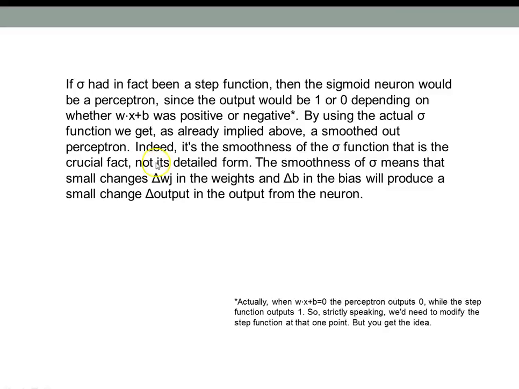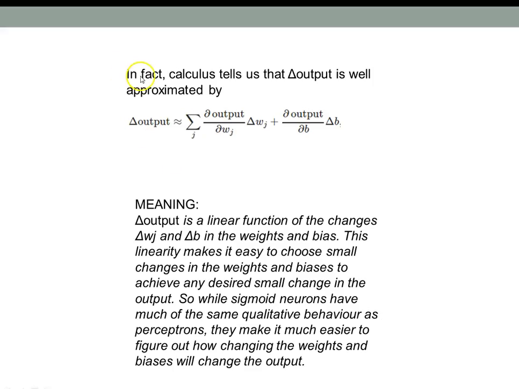Okay, good. In fact, calculus tells us that the output is well approximated by this. Now we won't worry about this. But the meaning of this is that the output is a linear function of the changes Δw_j and Δb. Linear means that if you make a small change in here, you get a proportional change in here as opposed to a big jump.